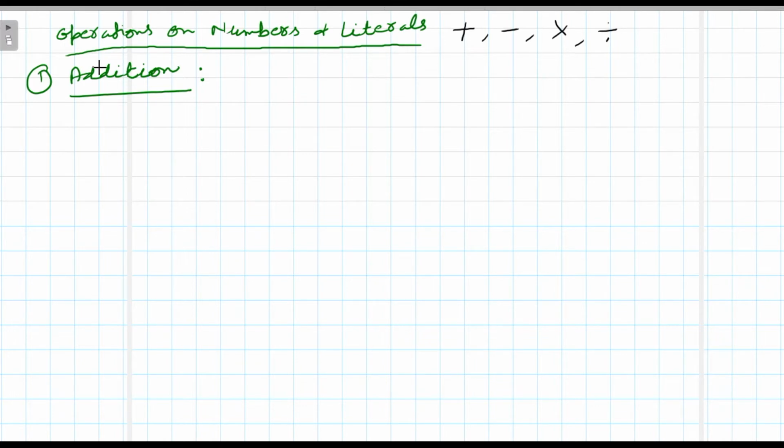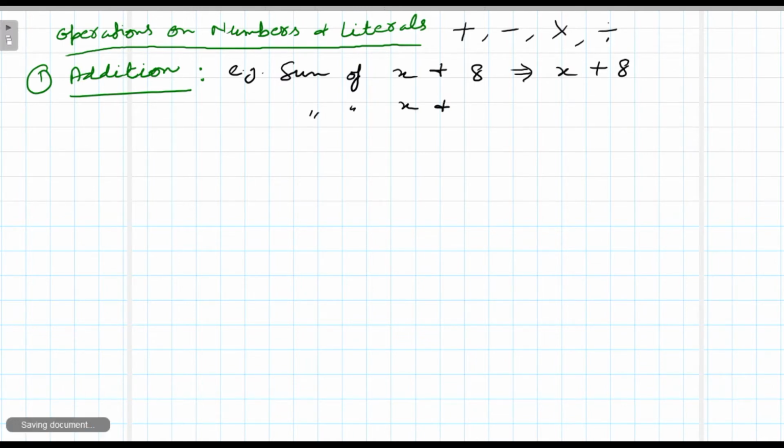If I want to write the sum of x and 8, we will write it as x plus 8, right? Or the sum of x and y, I will write it as x plus y, right? This is the formula of addition.